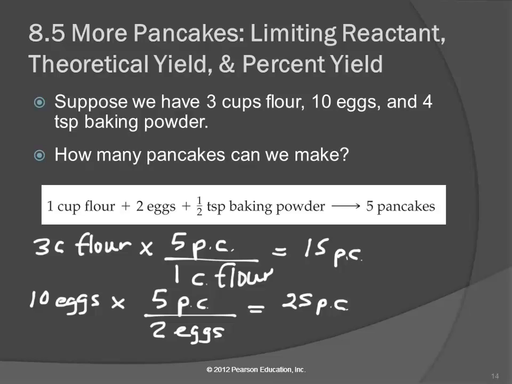And then let's look at the 4 teaspoons of baking powder. There are 5 pancakes per half teaspoon of baking powder. So the 4 divided by 1/2, well, I don't want to do that. It's 40 pancakes.